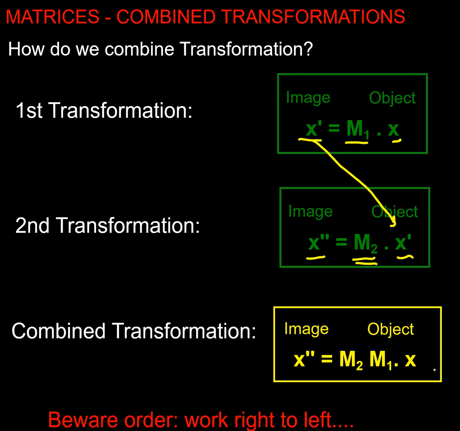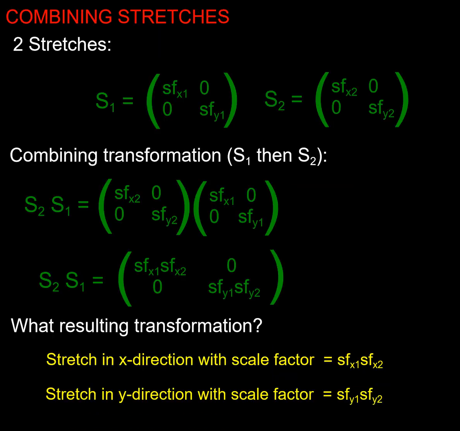So what does that tell me? Well, it tells me that all my maths is working that way. We need to remember that because people get it wrong. So I start with my point, I apply my first matrix on the right hand side, and then my second matrix on the left hand side. So I'm working right to left.